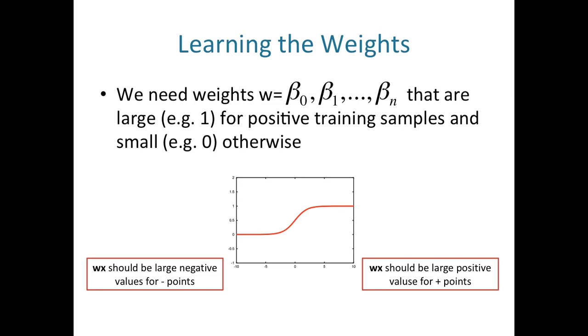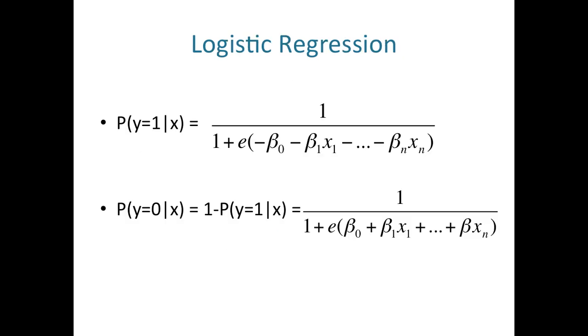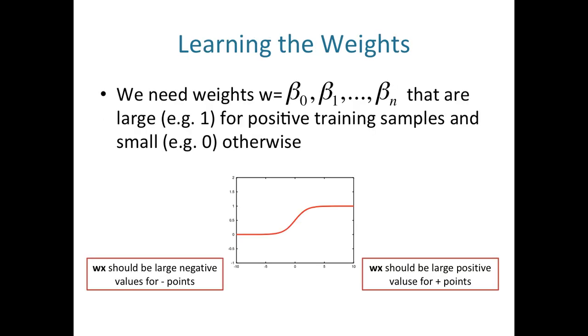So again, similarly to linear regressions, for the case of logistic regressions, if you take a look at the formulas here, the only thing that we need to learn in order to compute the model itself are the beta values, or the weights, however you want to call them. Basically, the role that the weights play is to try to separate the positive samples from the negative samples.